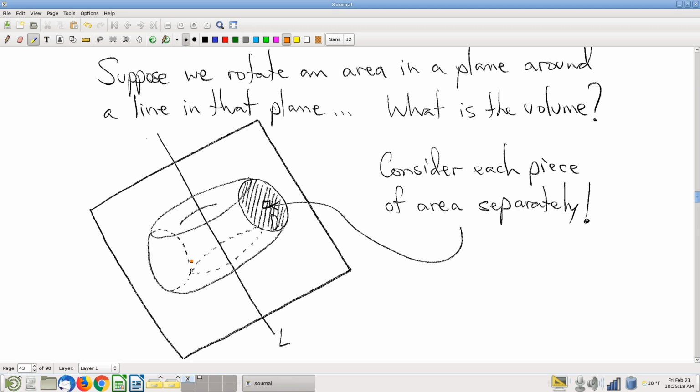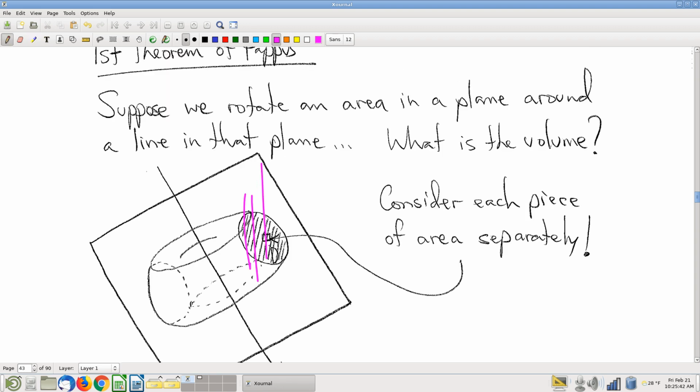When you take a single variable approach on these problems, what they tend to do is take the area, rotate the area first, and then slice up the rotated volume. The observation I'm going to start with is, you could just do it the other way. You can take the area, slice up the area itself.